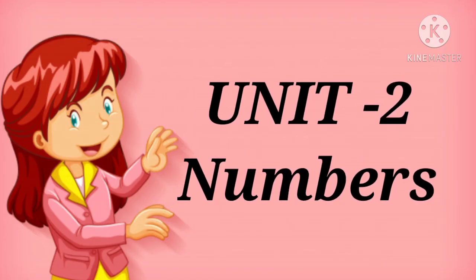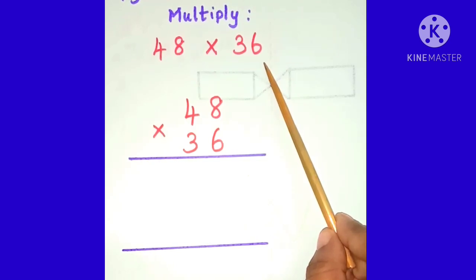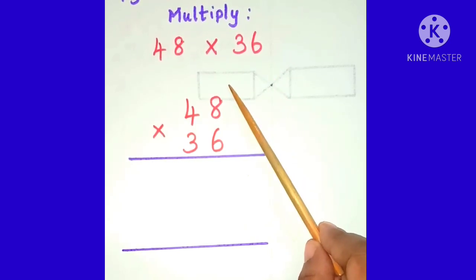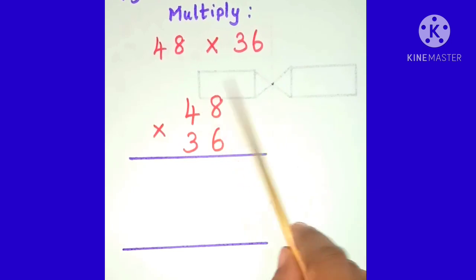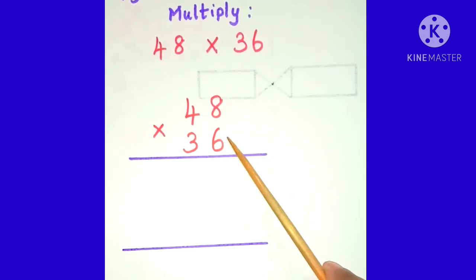Unit 2 Numbers. Multiply 48 into 36. Children, when you multiply 2-digit numbers, you are supposed to start with the digit at the ones place of one of the 2-digit numbers.